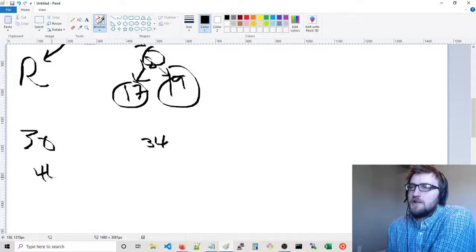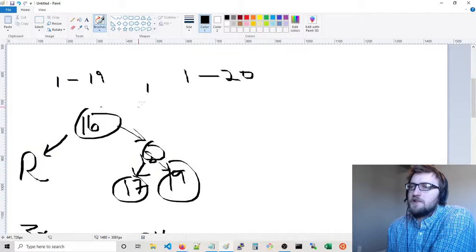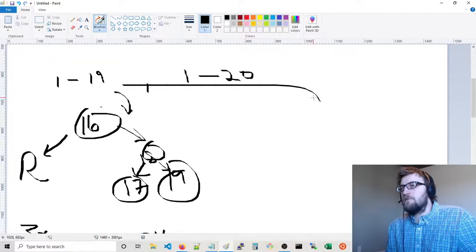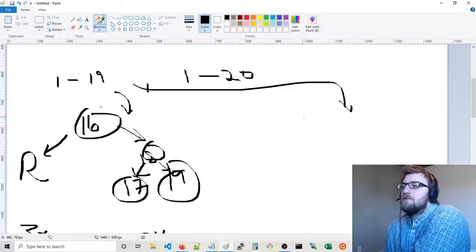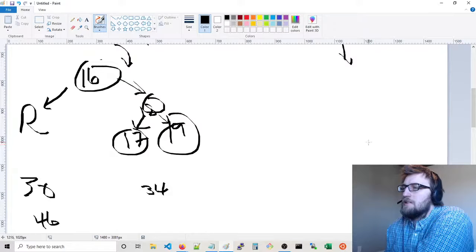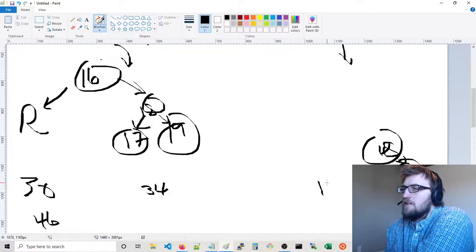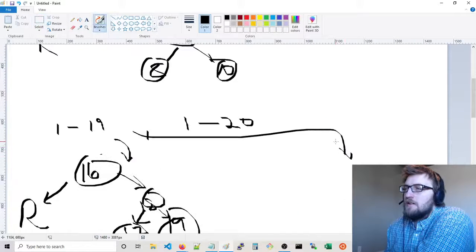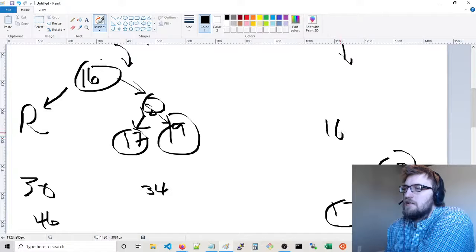So this will give you 46 versus 34. 46 works, but this also gives you another possibility of 18, 19, 17, and 16.